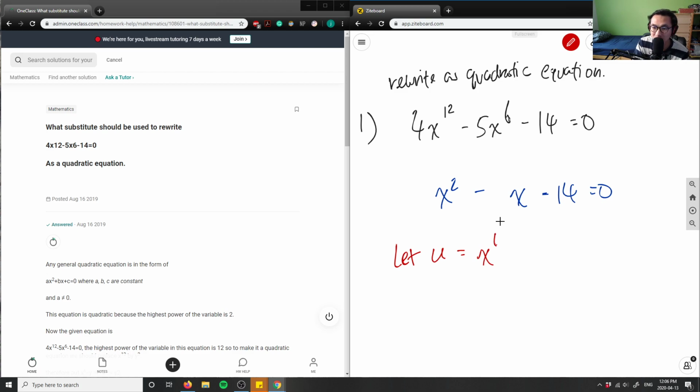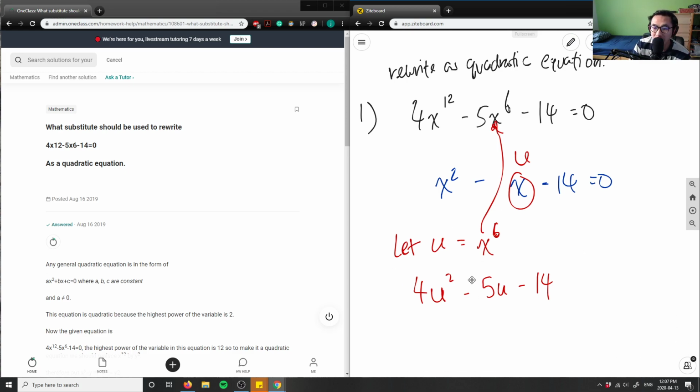And why I chose x to the 6 was because of this polynomial here, right? Because I want this here to become u. So if I let u equal x to the 6, I would get 4u squared minus 5u minus 14, and that's going to be my actual answer for this problem.